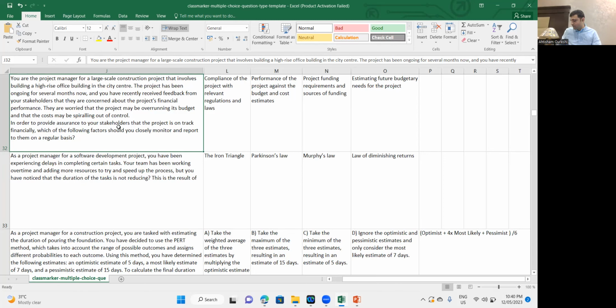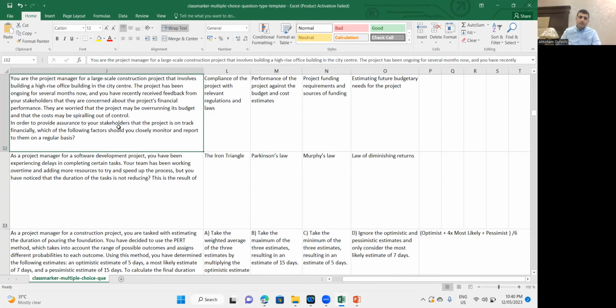You are the project manager for a large scale construction project involved in building a high rise office building in the city center. The project has been ongoing for several months now, and you have recently received feedback from your stakeholders that they are concerned about the project's financial performance. They are worried that the project may be overrunning its budget and the cost may be spiraling out of control.